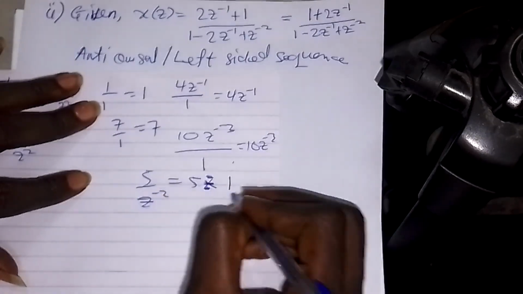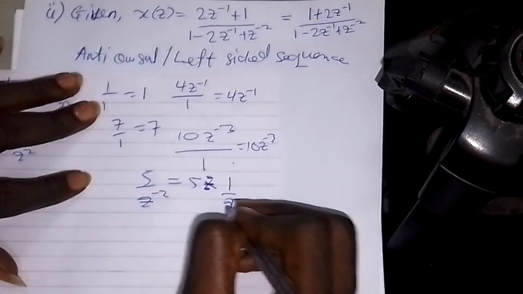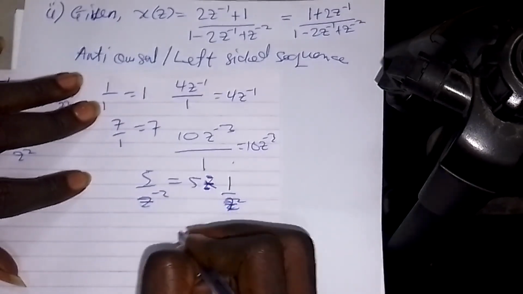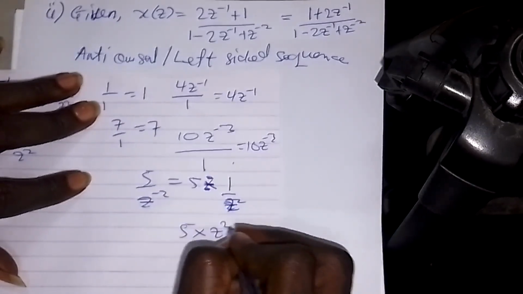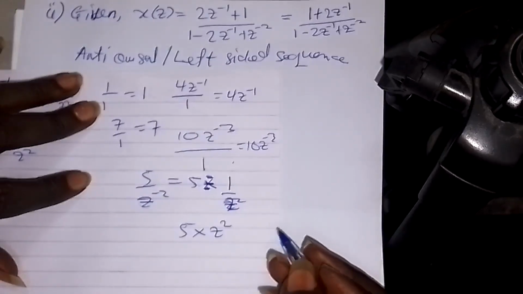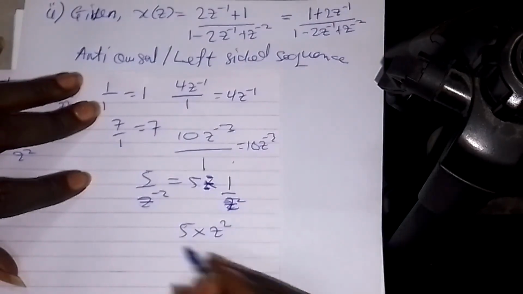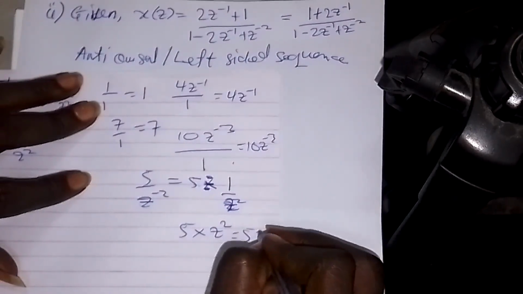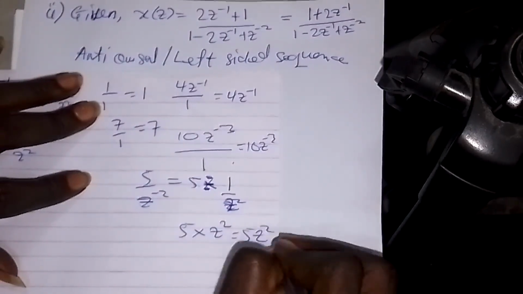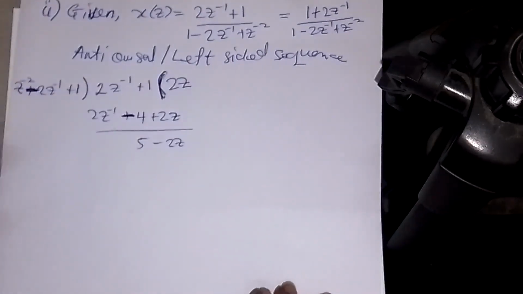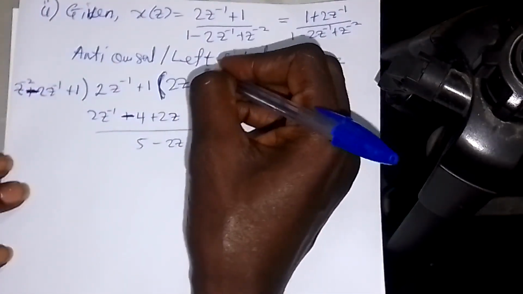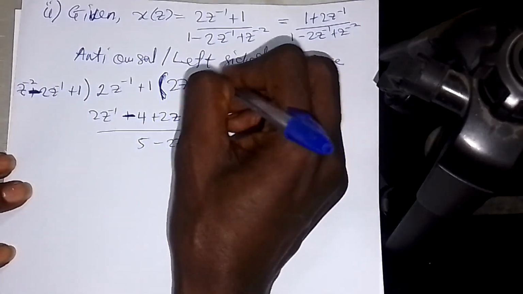I can write this one as 1 over z squared. So I can say 5 times z squared, if I want it to come up. So I'll get 5z squared. Here I'll get plus 5z squared.